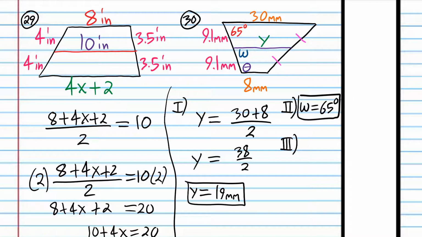And step 3, theta is now going to be, those are consecutive interior angles, so theta plus 65 is equal to 180.